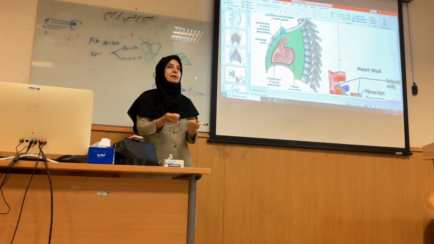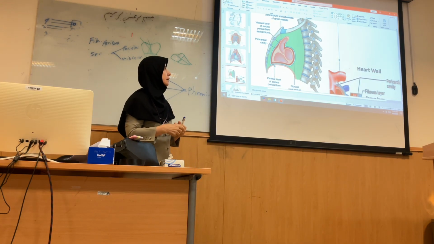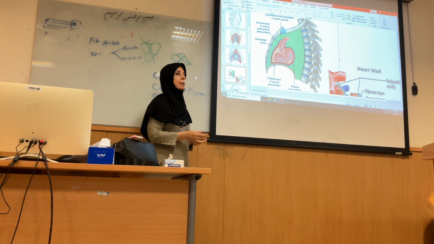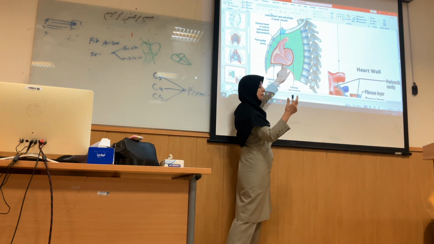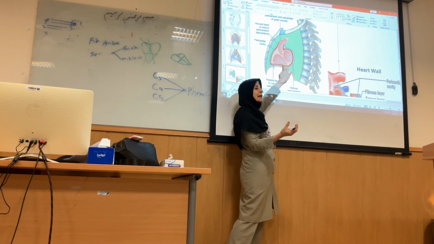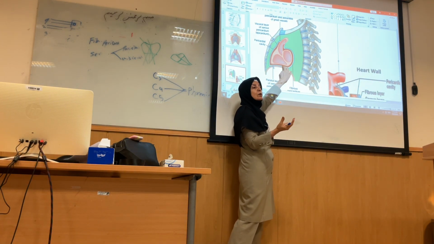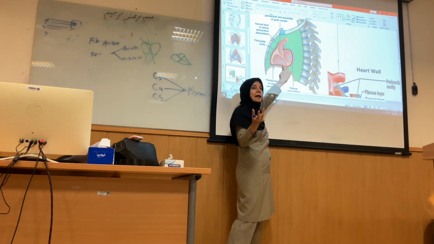Sometimes, in some problems, it is possible that inside of the pericardium we have accumulation of liquid. This liquid can be blood, lymph, or pus.